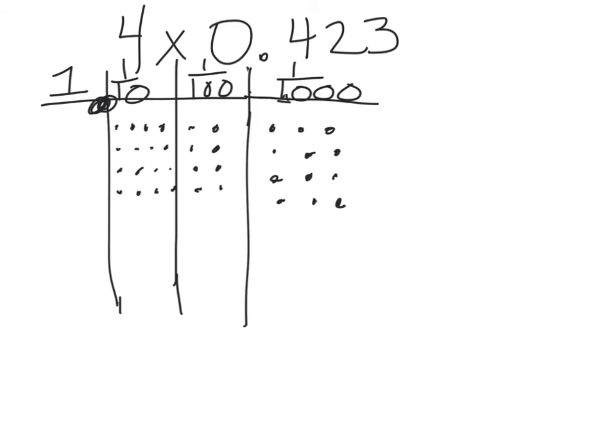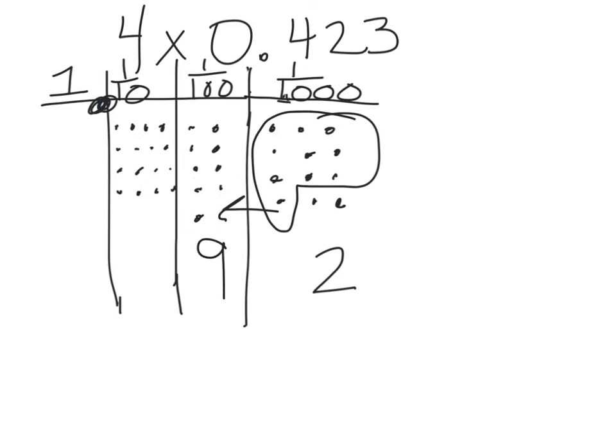So now let's look. How many do I have in the thousandths? I have 3, 6, 9, 12. I know that I can bundle. I have a group of 10, so I can bring that over to the hundredths, which means I'm left with 2 thousandths. Let's look at our hundredths. I have 2, 4, 6, 8, 9 hundredths. And in my tenths, I have 4, 8, 12, 16.